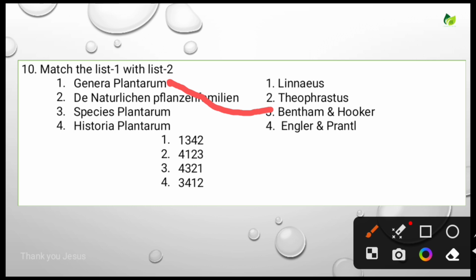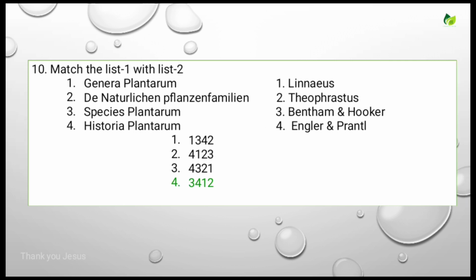Die Natürlichen Pflanzenfamilien, written by Engler and Prantl. Species Plantarum, written by Linnaeus. And Historia Plantarum, written by Theophrastus. Okay, so the correct option is the fourth one. Okay, so let's see the next question.